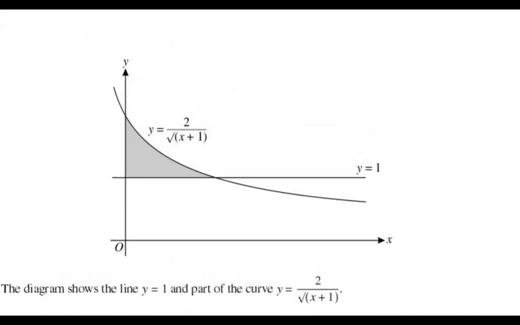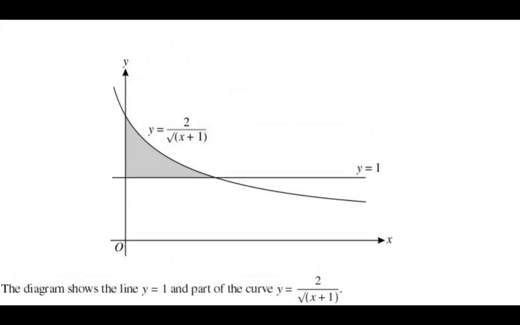The equation of the curve is given y is equal to 2 over under root x plus 1. अगर आपको कहा जाए कि this shaded region, ये जो आपको शो हो रहा है, this shaded region is rotated about y-axis 360 degree.